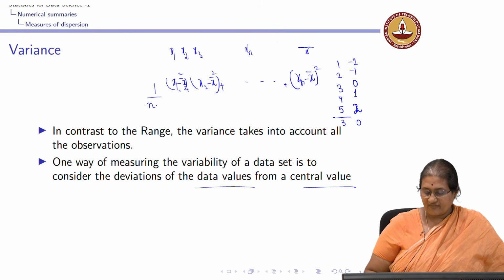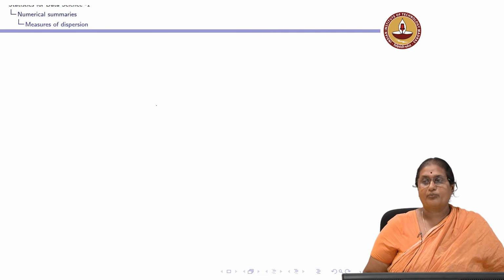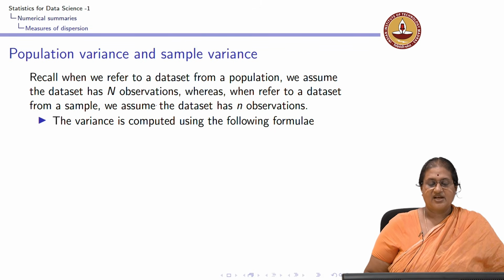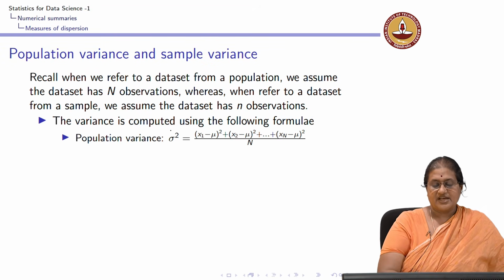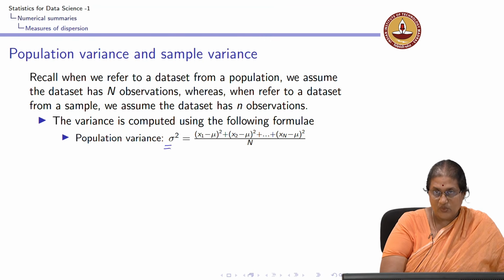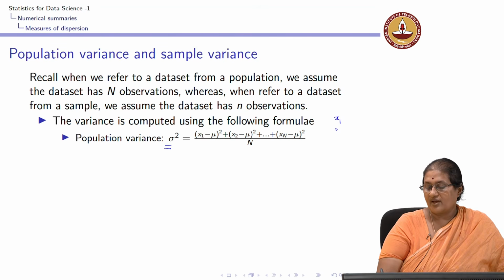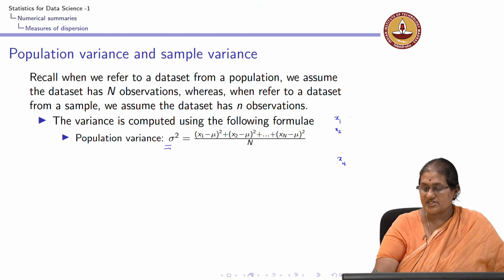Now, if we are talking about the population variance, it is given by sigma square. Remember the population mean is mu. I have x1, x2, up to xn, which are my population units.